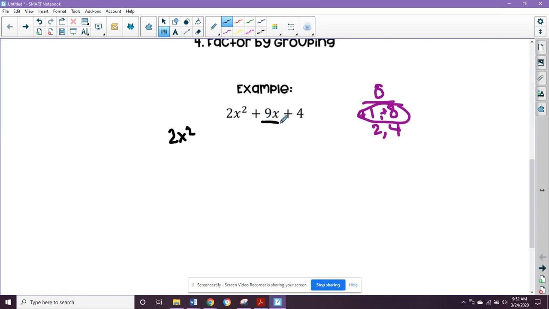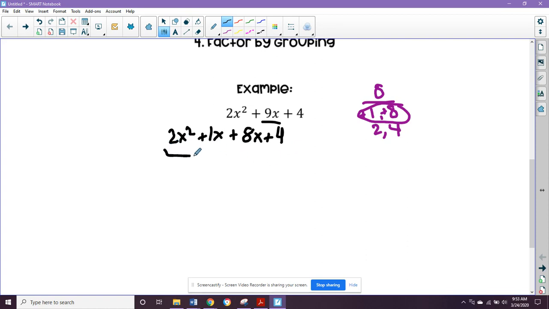Then instead of 9x, we're going to do plus 1, always have our variable with it, and then our other factor, plus 8, because it's a positive, with our variable. And then just bring down our constant 4. So all we did was break up our middle term here. Now we have 4 terms, so we factor by grouping.